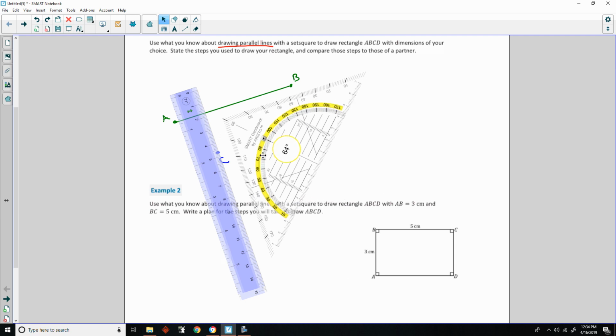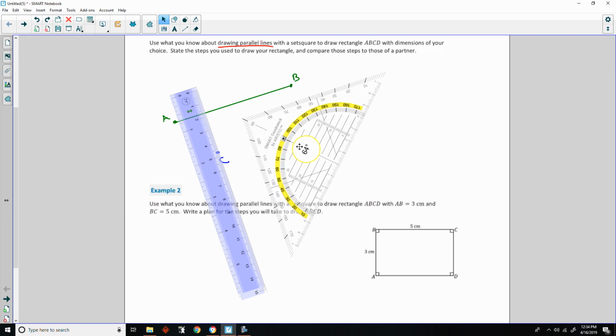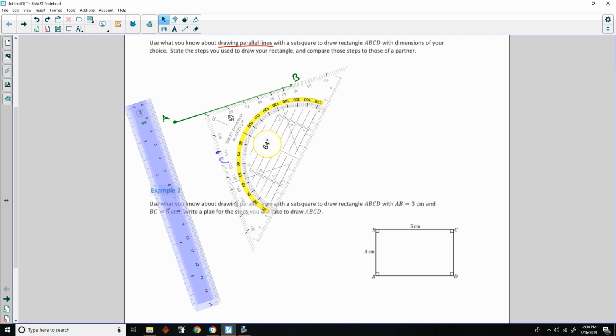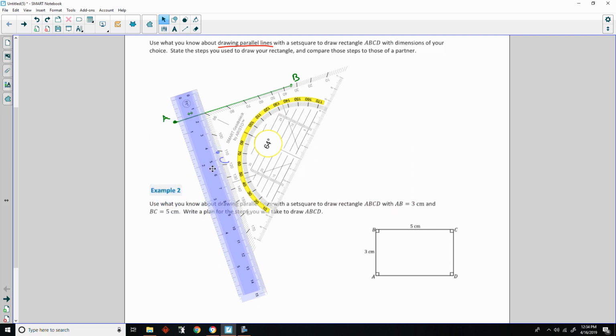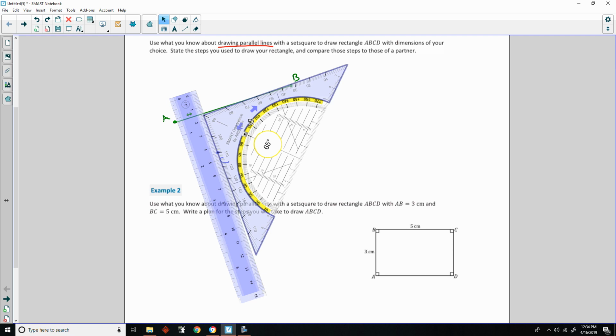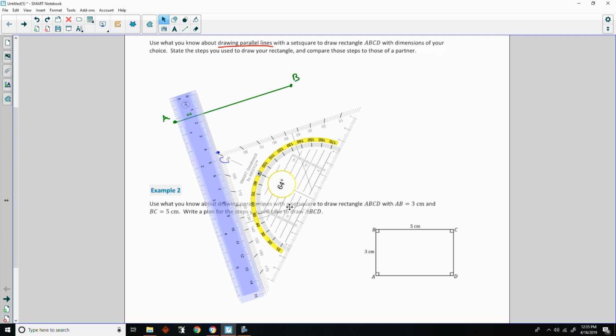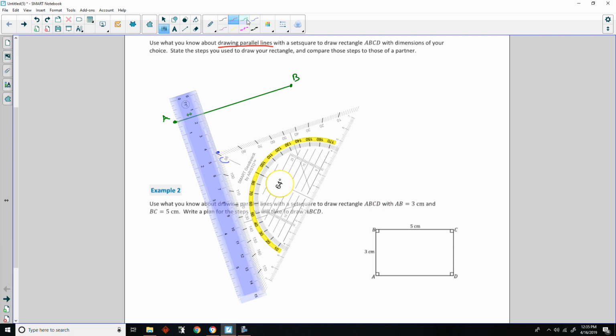So if I were you and I had a piece of paper with my set square and a ruler, you would take the set square, put it on the green line so that this lines up perfectly, and it goes through C. All right, and then I'd take my ruler over here and put it up against that right there, so that there's no gaps. It'd be tight against it, like so. And then you take and slide this down so that this is now here. And then I would draw my segment through C.